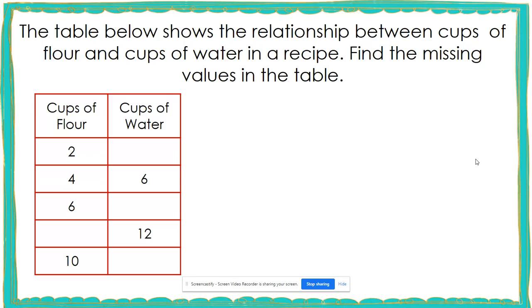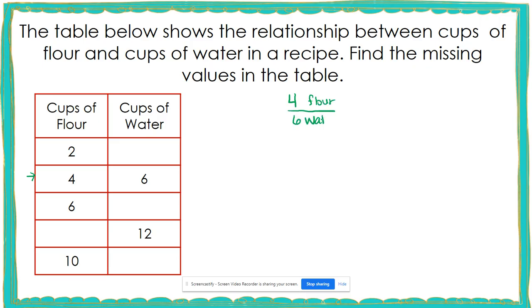So when I look here, I see that I have 2 cups of flour, but I don't know how many cups of water. But when I look here, I know that for every 4 cups of flour, I have 6 cups of water.